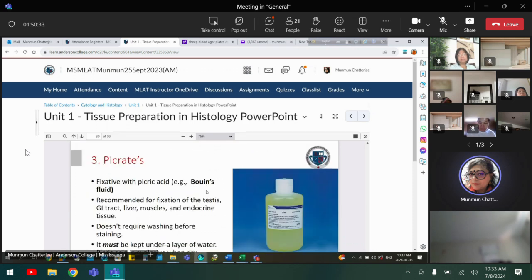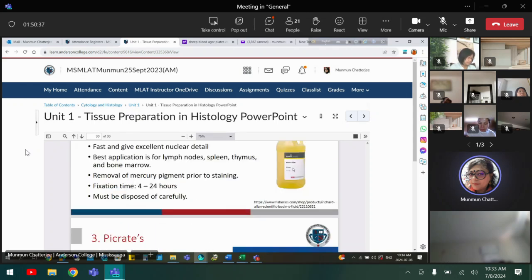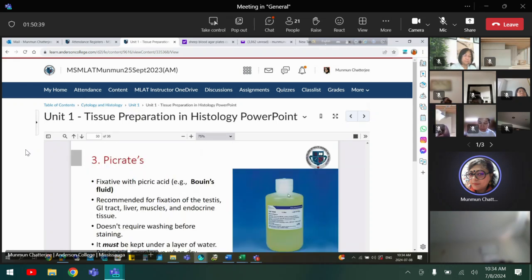Now, the picric acid. Bouin's fluid should come here. Picrates, called Bouin's fluid, is a fixative that contains picric acid. It is recommended for fixation of testes, GI tract, liver, muscle, and endocrine tissues.